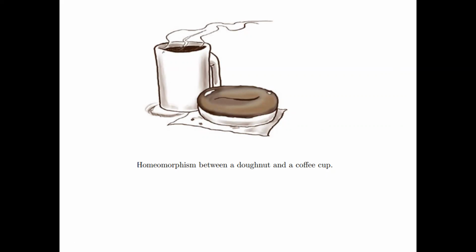But in mathematical terms, how do we define it? You're not allowed to cut it, but you are allowed to deform it. So mathematically, this coffee mug has to be made into this donut by some continuous deformation. In mathematics we use functions for this.